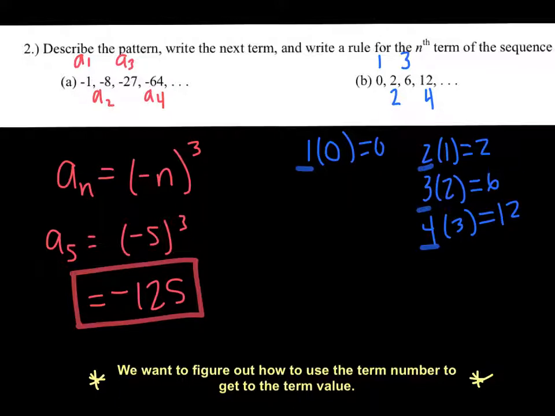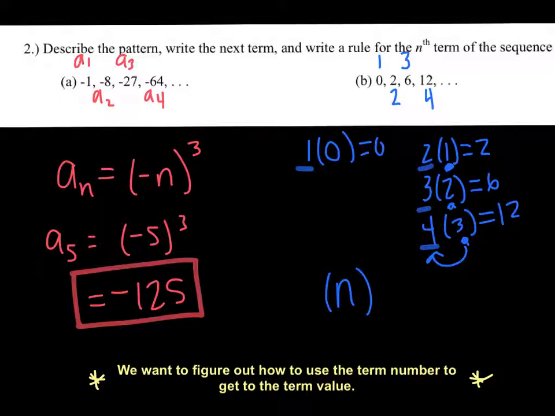So I know that it is my term number times these values, but how does 0 and 1 and 2 and 3 relate to the term number? How does 0 relate to 1? How does 1 relate to 2? 2 relate to 3? 3 relates to 4? All of them are one value less than what it's being multiplied by.